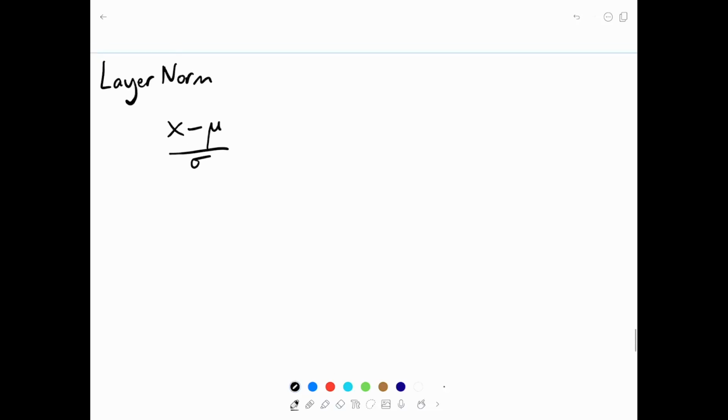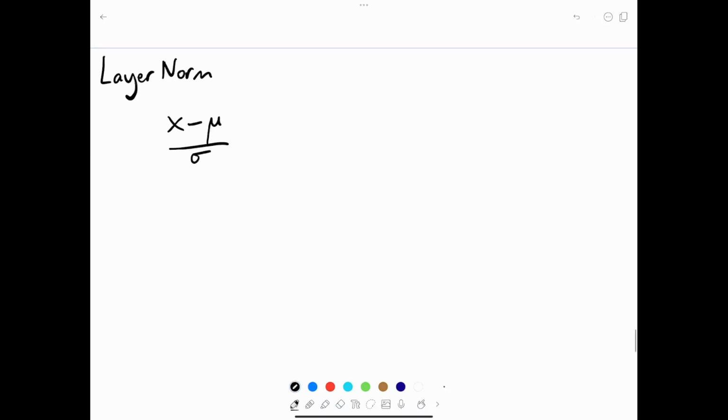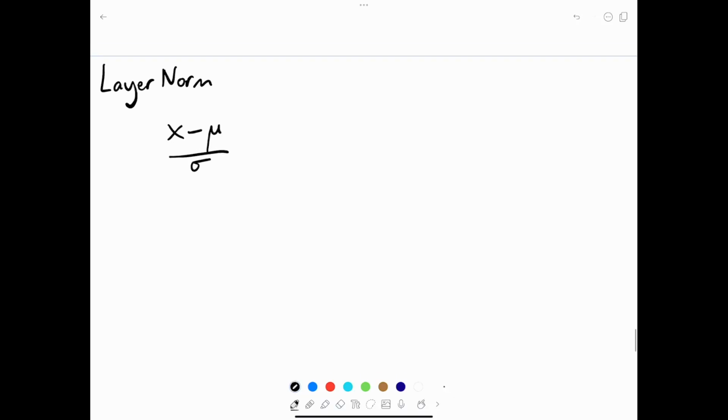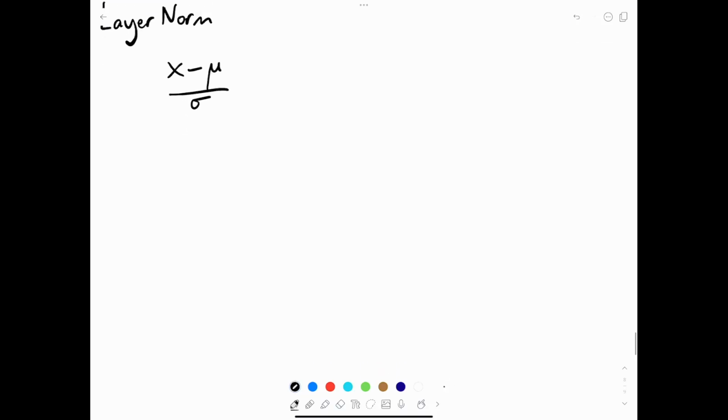I'm not going to talk too much about the exact specifics because I don't think they're terribly relevant to the transformer in particular. But if you want, you can definitely look up layer norm, also called layer normalization in full.